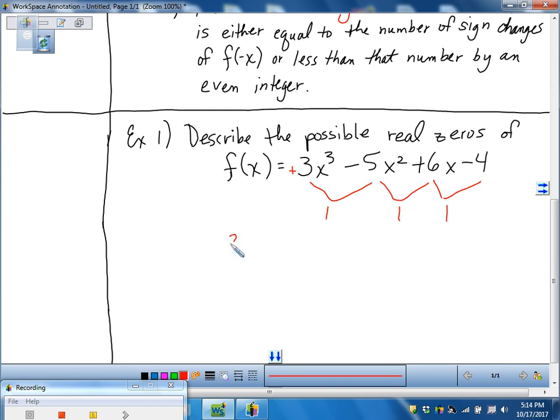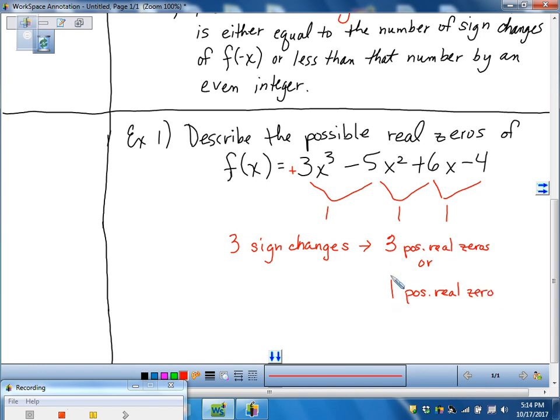So we had 3 sign changes on our original function, which means these are the possibilities. We could have 3 positive real zeros, or if I take that number and I go down by an even integer, so if I go down by 2, I could also have only 1 positive real zero.